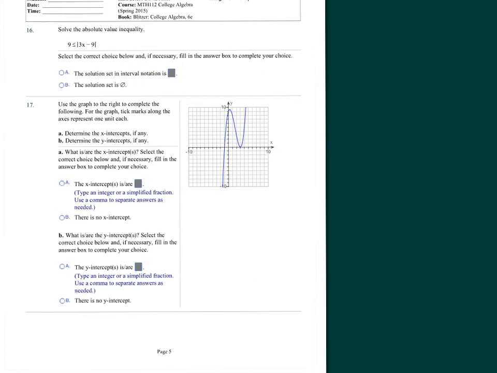Next up, number 17, use the graph to the right to complete the following. For the graph, tick marks along the axes represent 1 unit each. So A, determine the x-intercepts. So the x-intercepts, those are going to be the spots where it intercepts the x-axis. So let's zoom in a little bit here.